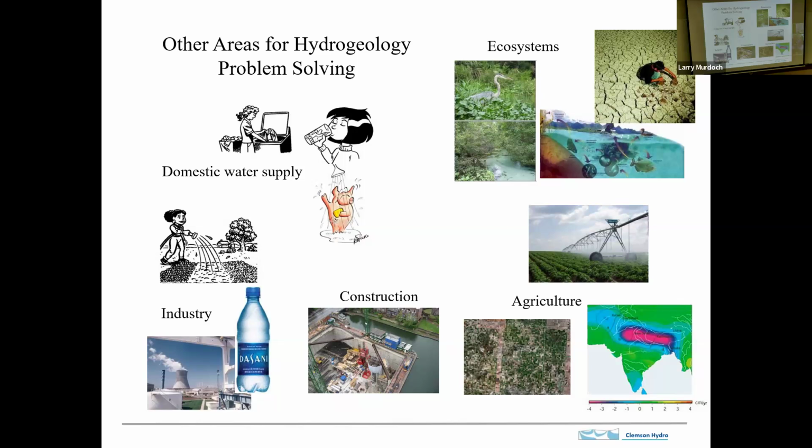It turns out, according to the statistics, about half the people in South Carolina have a water well. So it's fairly common. Understanding how that works and what the risks might be is one aspect of hydrogeology.